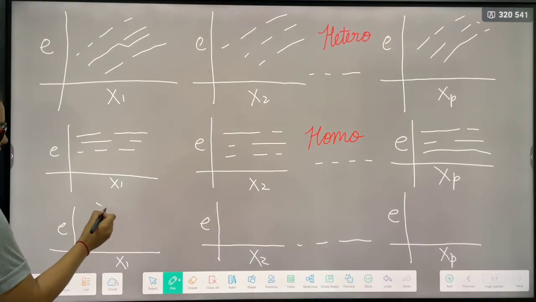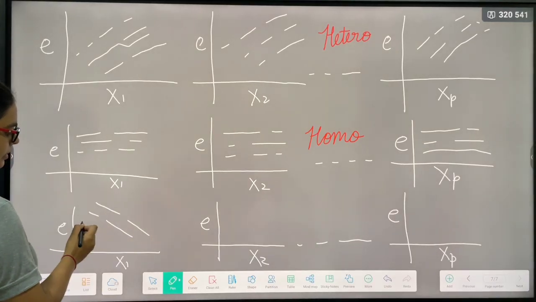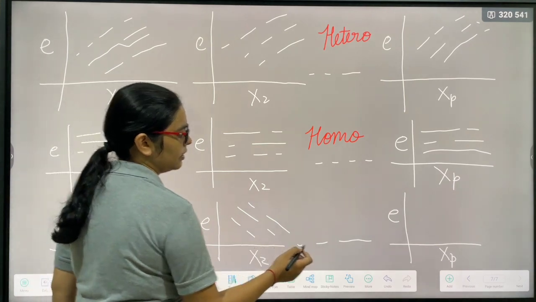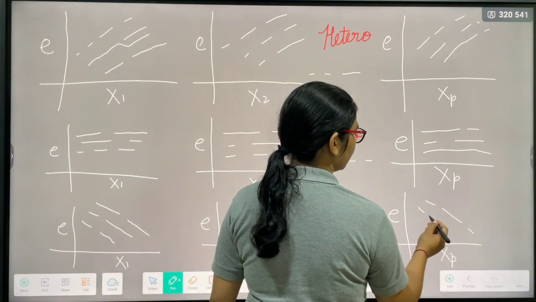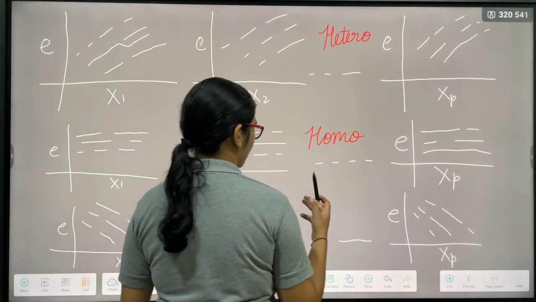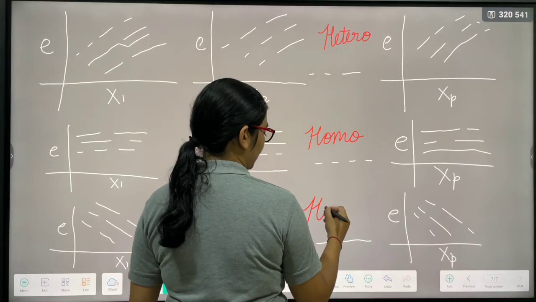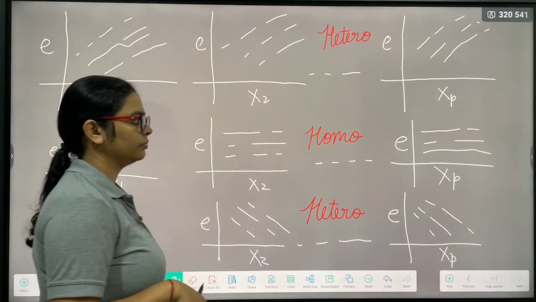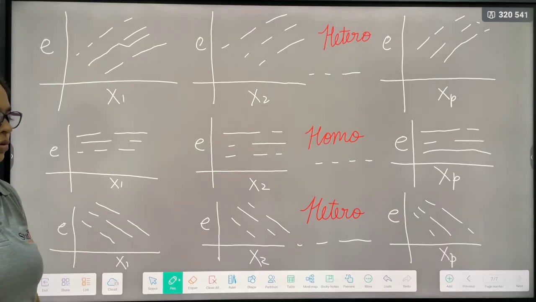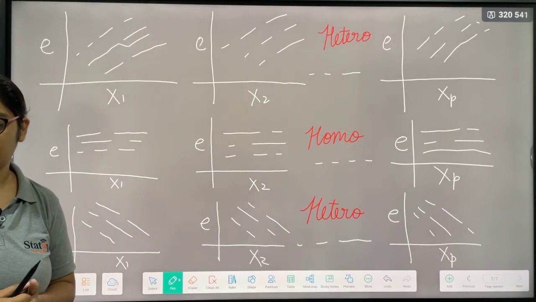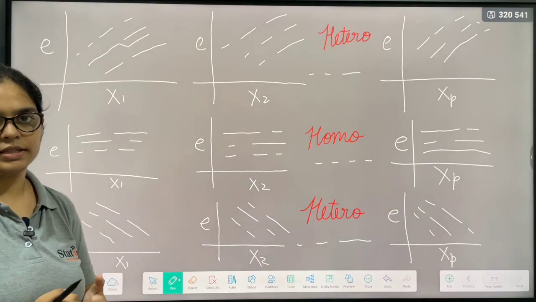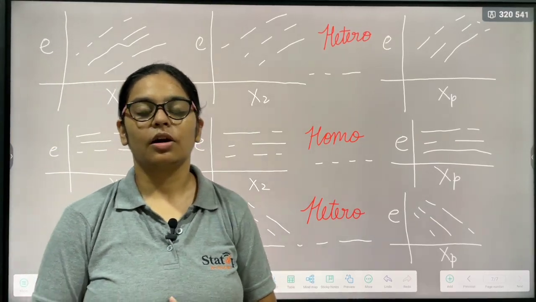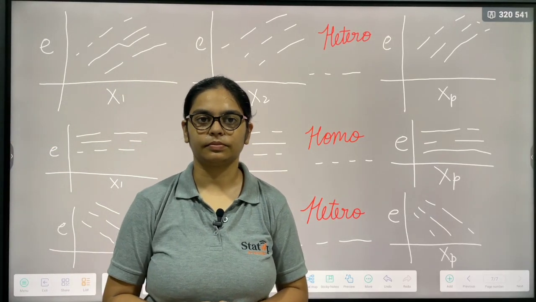And if our value decreases, as x decreases the value of the residual also decreases, then it is again heteroscedastic. So these are the three different kinds of tests, or we can say detection methods, that we can use to detect heteroscedasticity.